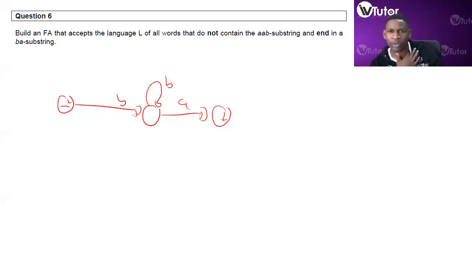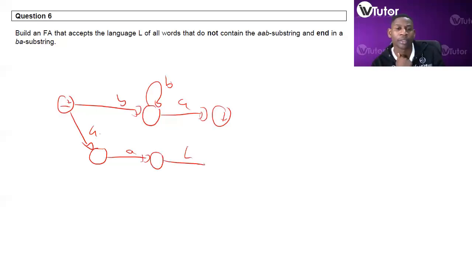So we need to keep track of these A's. So when you've got an A, AAB should not be contained.